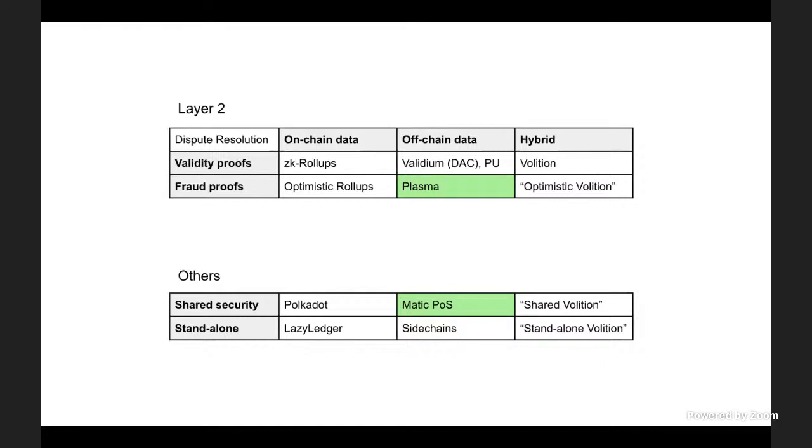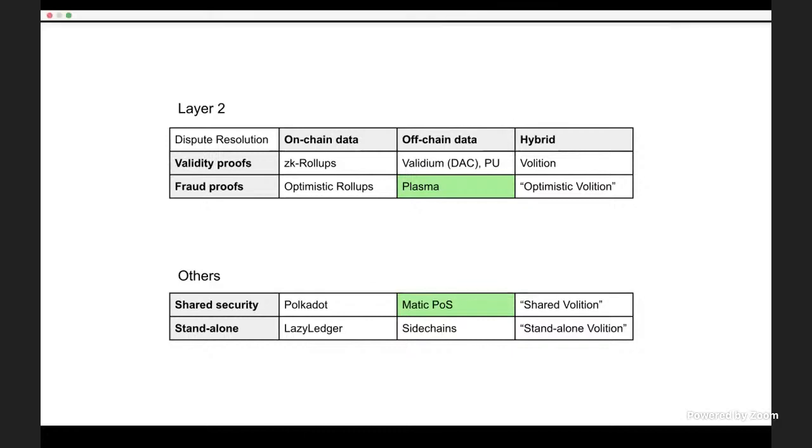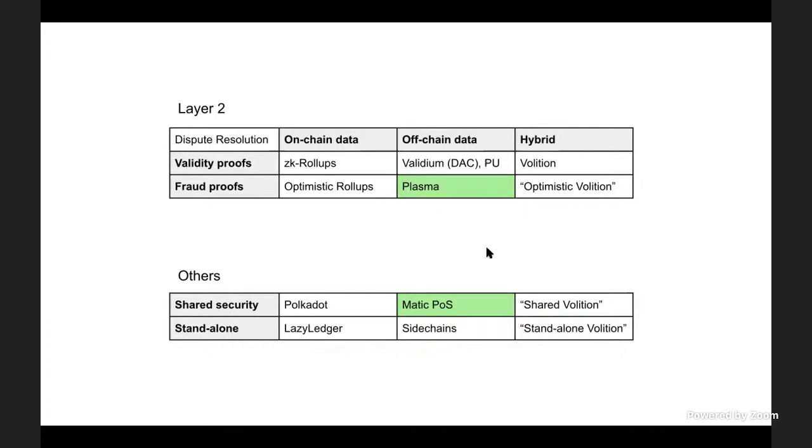We also popularly call this type of proof ZK proofs. So these are succinct cryptographic proofs that the whole batch of transactions is valid. And that validity proof is validated or processed on the Ethereum mainnet. That is how these types of solutions derive security from Ethereum.